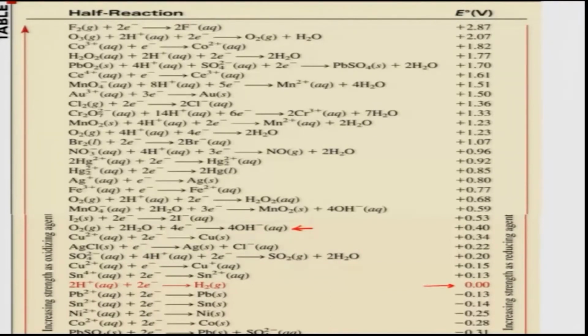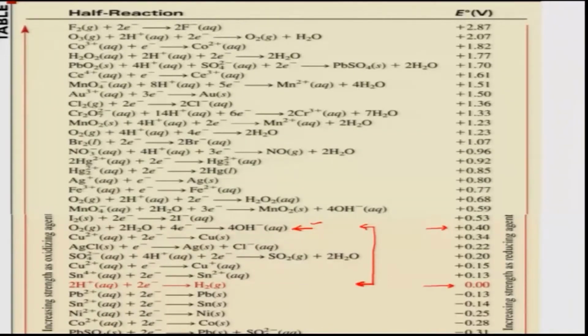This is oxygen reduction in neutral or basic medium. The standard reduction potential was 0.401, so here it is written 0.40 and hydrogen is 0.0. So, if we have a combination between these two, then definitely this will be preferred as a reduction potential, the other one would be oxidation reactions.